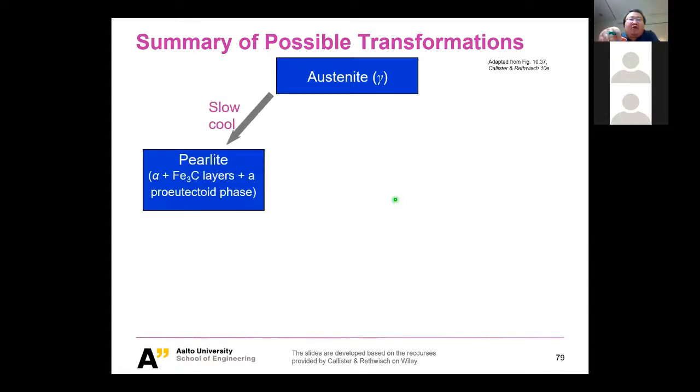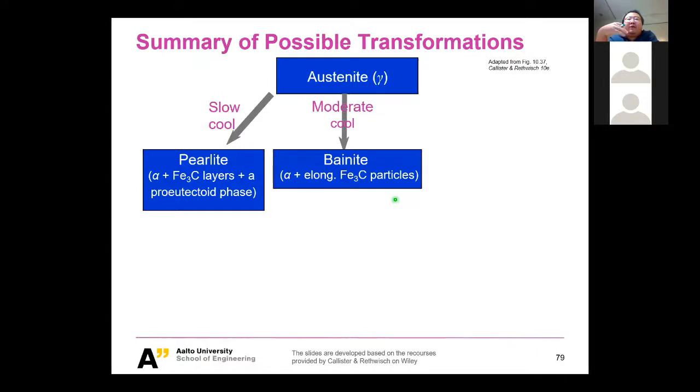And if we just apply a slow cooling, and also rather less supercooling, you will get a pearlite phase, a quite good layered structure, and even coarse. But if you make a rather faster, moderate cooling, you will actually reach the bainite, right?